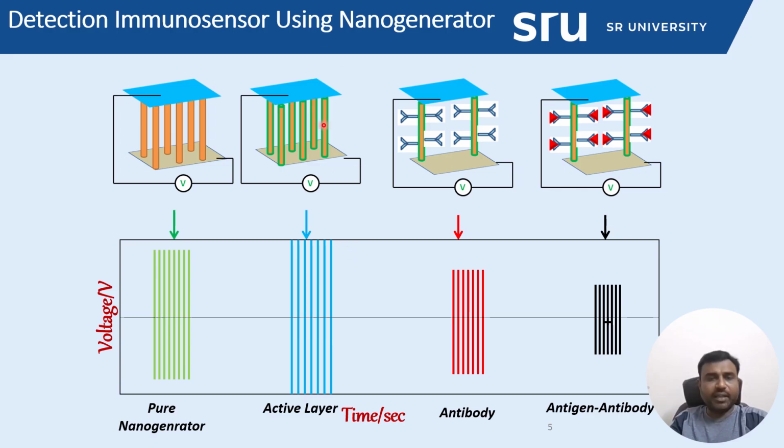So here further, in the second process we are coating some active layer. This active layer is highly useful to attach our bioreceptor, either aptamer or antigen antibody or DNA molecule or some nanomaterial. This active layer may be different polymers, like a conducting polymer.